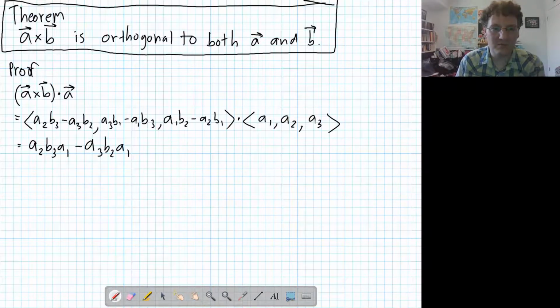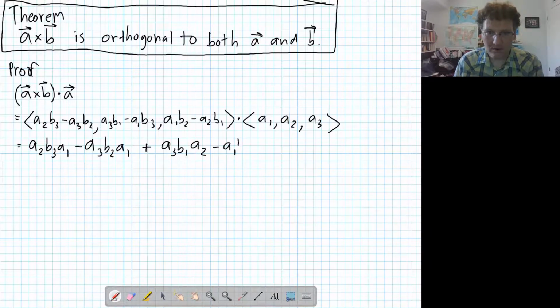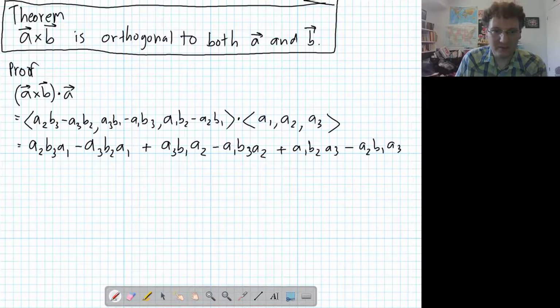That's the first component of the first vector times the first component of the second vector, plus A3 B1 A2 minus A1 B3 A2. That's the second component times the second component, plus A1 B2 A3 minus A2 B1 A3. If we simplify this, we'll notice some canceling.